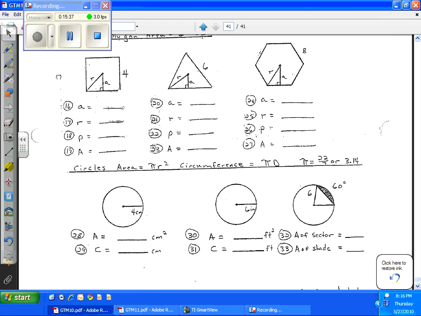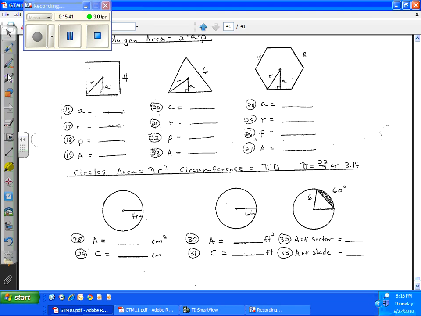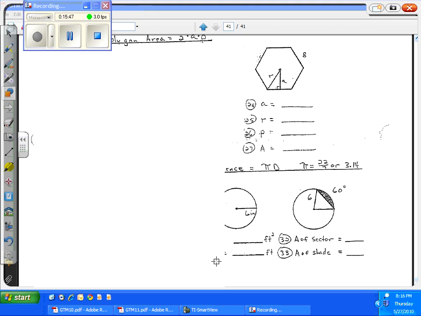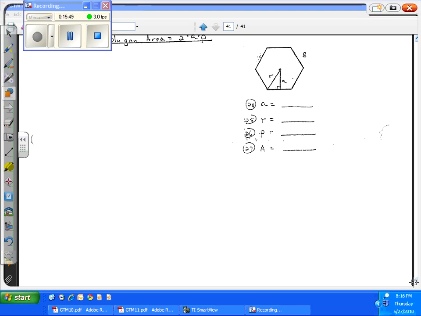And so our last regular polygon is a regular hexagon. Now it's a little bit more challenging.